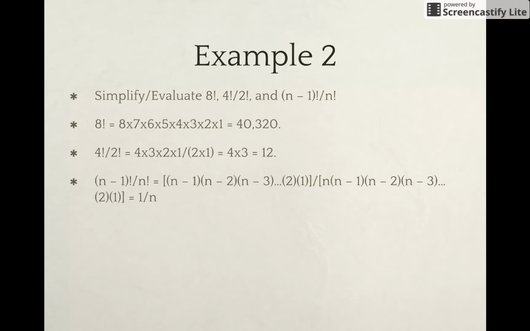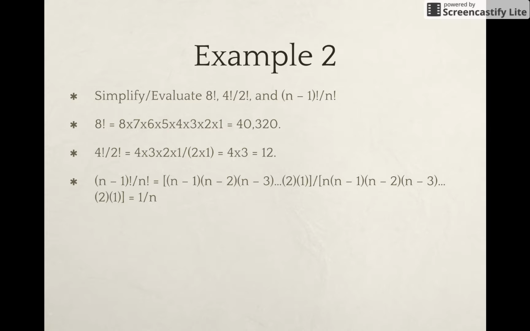Word of caution here, consider your order of operations on these. A lot of students will want to divide first here. They'd want to call it 2 factorial, thinking about 4 divided by 2. That actually violates order of operations. So first we must execute 4 factorial, and you'll see that we've done that, 4 times 3 times 2 times 1. And we must execute the command 2 factorial, which is 2 times 1. From there, we can divide common factors. That results in 4 times 3, and 4 times 3 is 12.